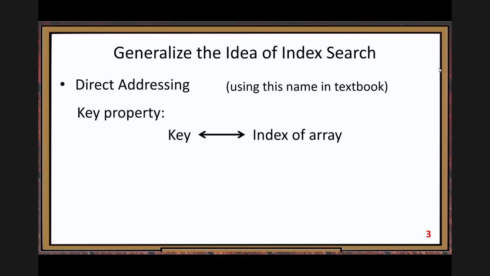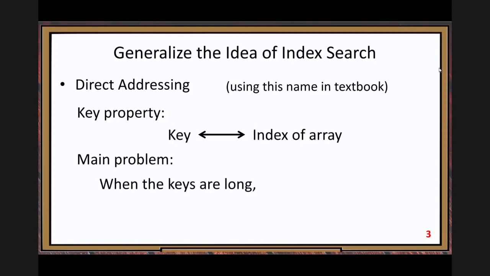Key value, the same value as the index value. Trivial mapping. So we can call it trivial mapping. The main problem, you can see this algorithm is actually not useful in real world applications. There is a big problem.